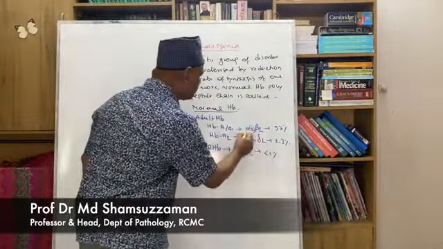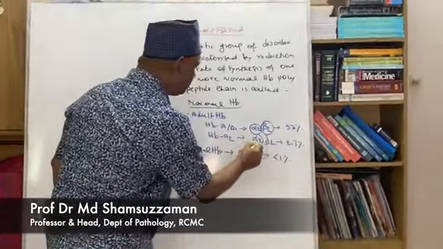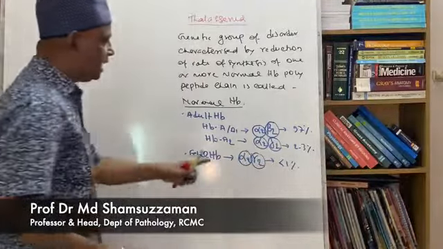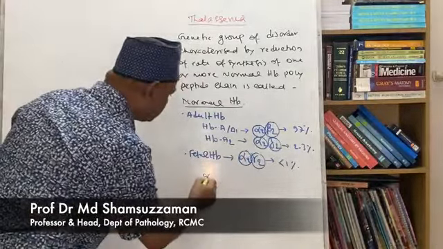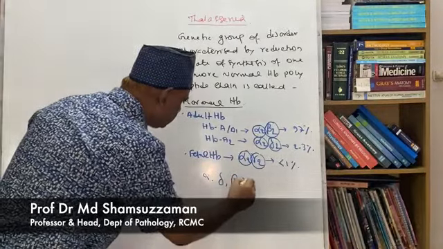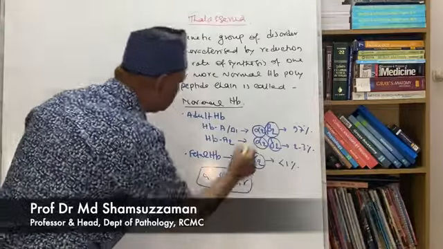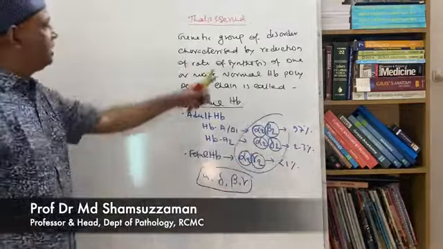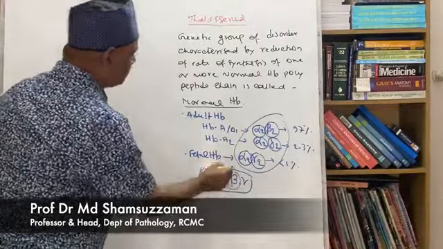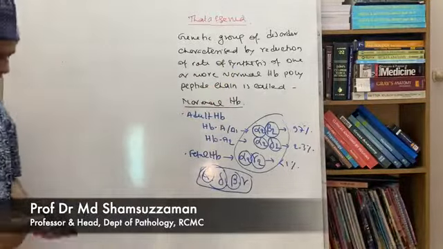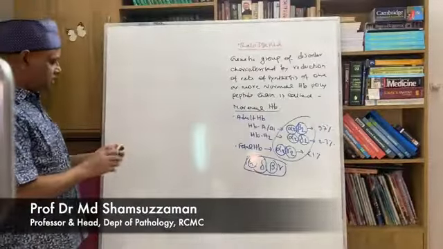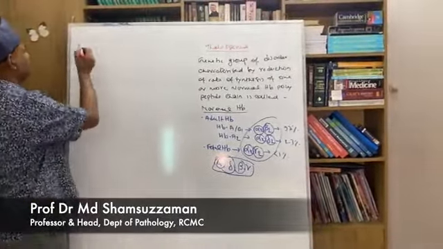Ultimately, we have alpha, beta, delta, and gamma, 4 polypeptide chains within all hemoglobins. So by definition, if there is reduction of one or more normal hemoglobin polypeptide chains, then it is called thalassemia. Now come to how we can classify thalassemia.